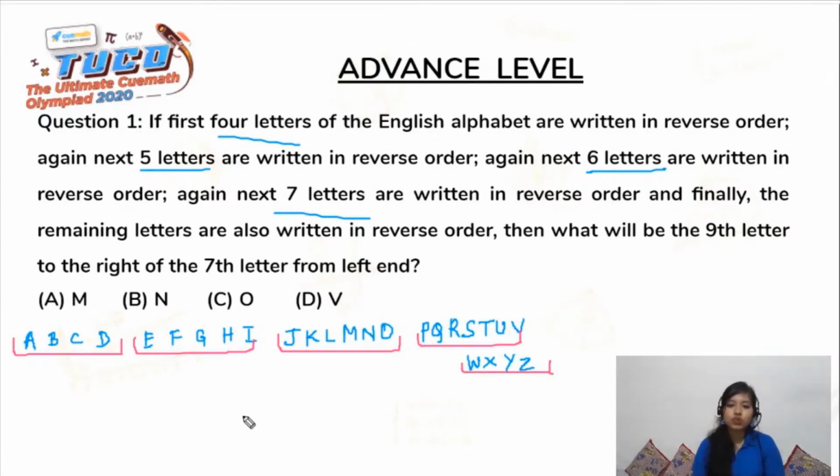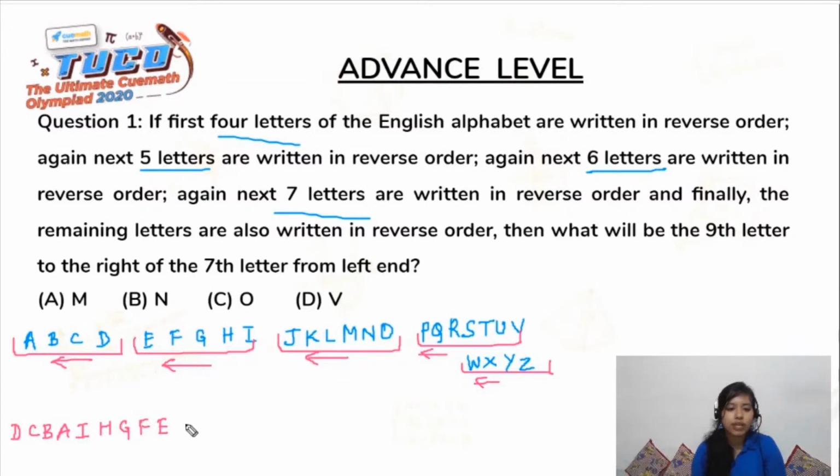What am I supposed to do? I am supposed to reverse the order of the letters in all of these sets, right? So let me write it in the reverse order. All of these are going to go in this direction, and let me form a sequence. So D, C, B, A is going to be the first one. Then reversing this, I, H, G, F, E is the second set.